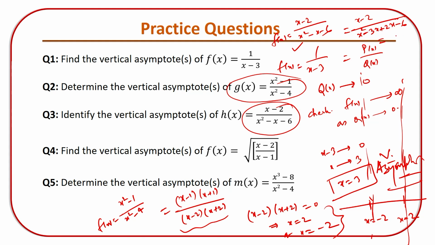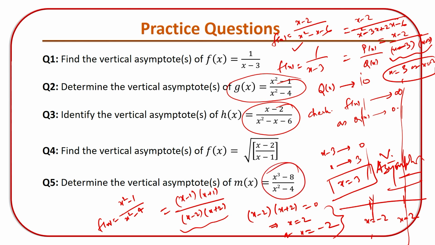So you will write this as x minus 2 divided by (x minus 3)(x plus 2), right? That will be your answer. And so here x equal to 3 or x equal to minus 2 will be your vertical asymptotes, because the numerator does not cancel any term in the denominator.